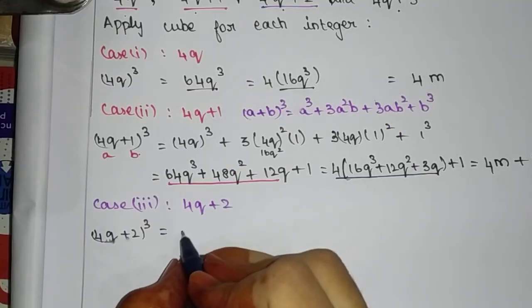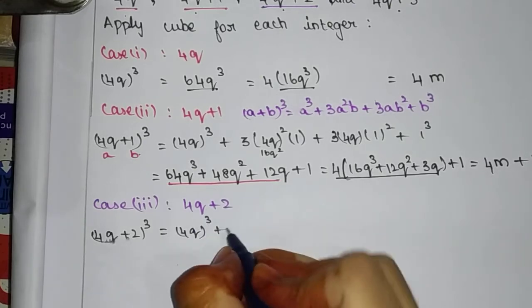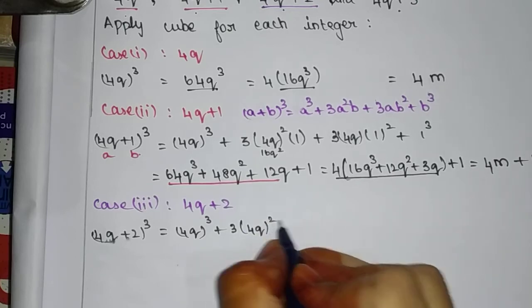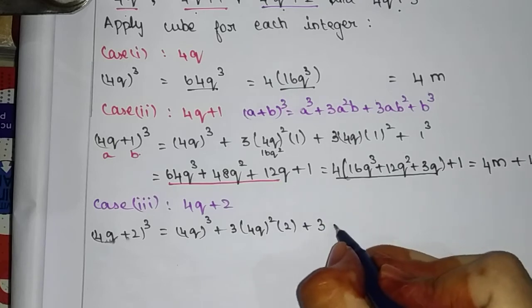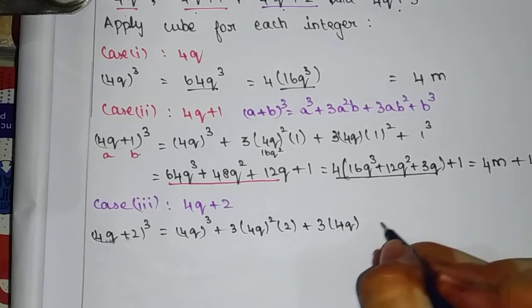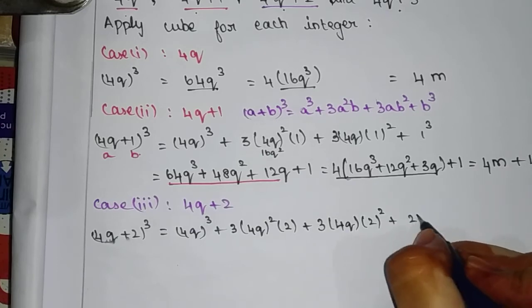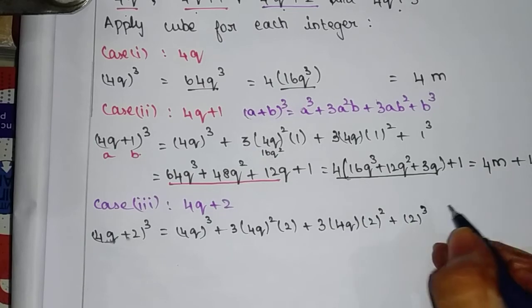Here I am applying this identity. So 4q the whole cube plus 3 into 4q the whole square into 2 plus 3 into 4q into 2 square plus 2 the whole cube.